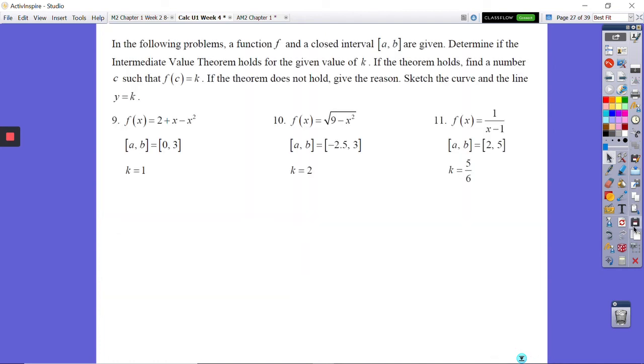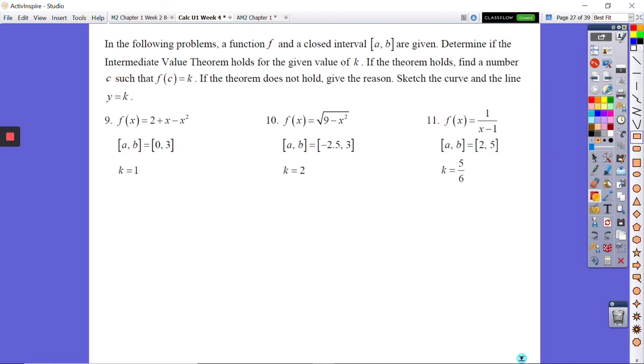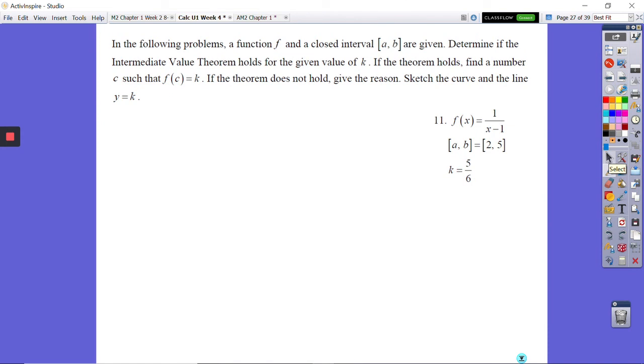Okay, so we've got to get our rectangle out. All right. So continuity. This is continuous everywhere unless x is 1. And so from 2 to 5 it's continuous.